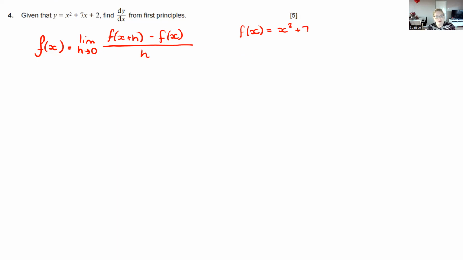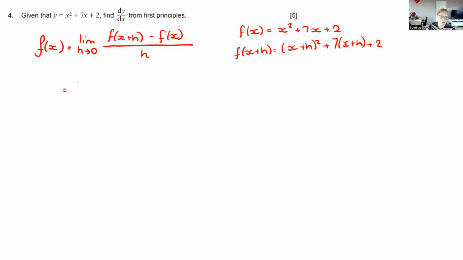So let me just write that in. So f of x plus h becomes x plus h squared plus 7 times x plus h, minus 2. So everywhere where I had x, it's now x plus h. Hopefully that makes sense.